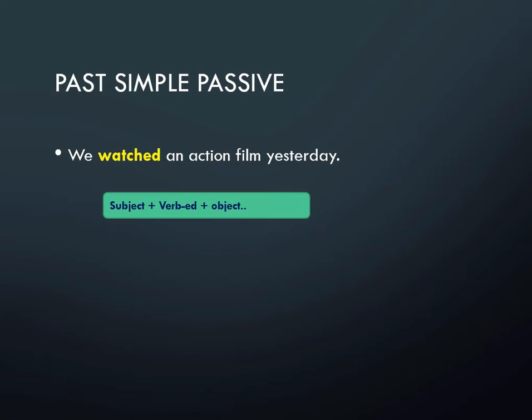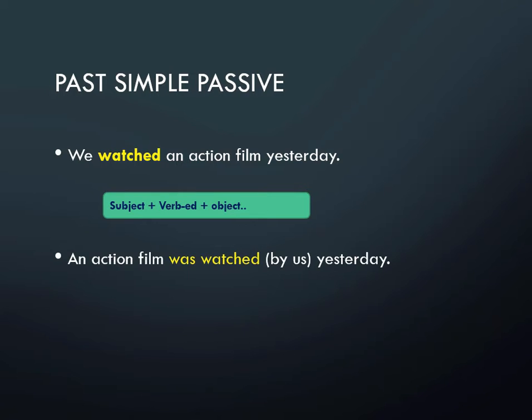We add ed at the end of the verb, like the verb watch. We changed it into the past simple by adding ed at the end of the verb. So then what about the irregular verbs? As we said, we should follow the forms of the irregular verbs in your book. How can we change this sentence into passive?